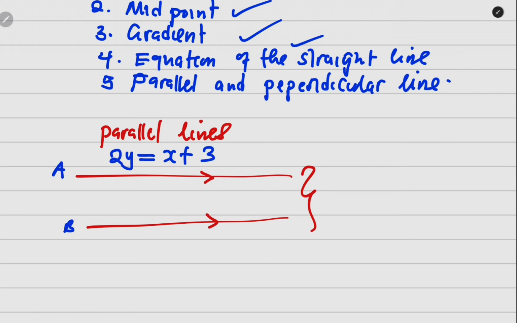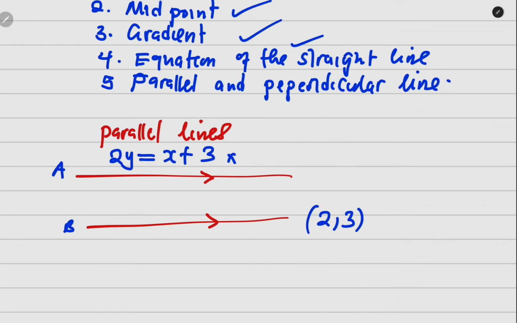That is the equation of that line. Then now, you are told to find the equation of the line that is parallel to this one, passing through the point, let us say 2, 3.